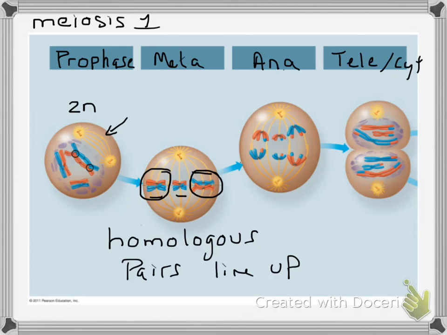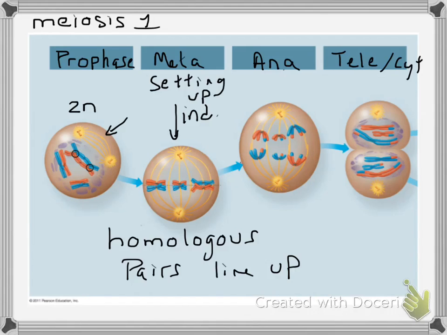That means the maternals don't have to line up so that they all end up in the same cell, and the paternals don't have to either. They're going to randomly align, and we call this independent assortment. So this is setting up independent assortment.